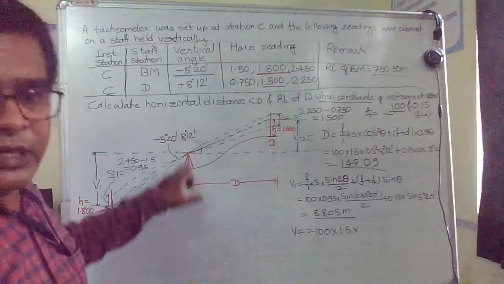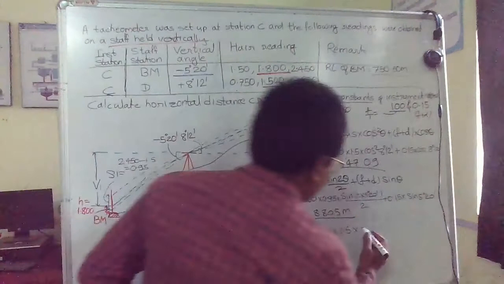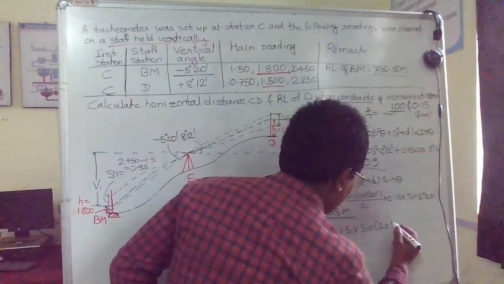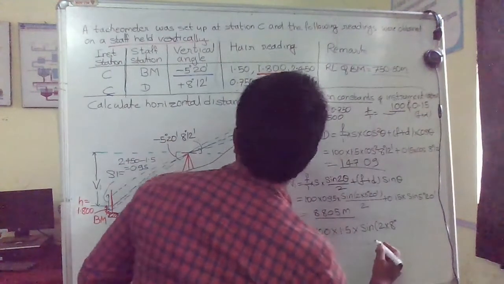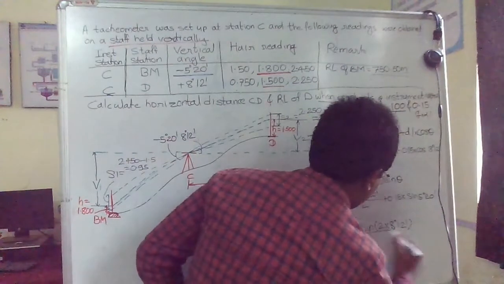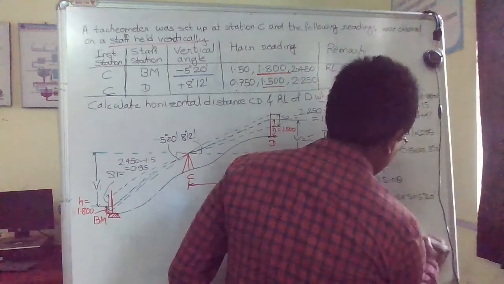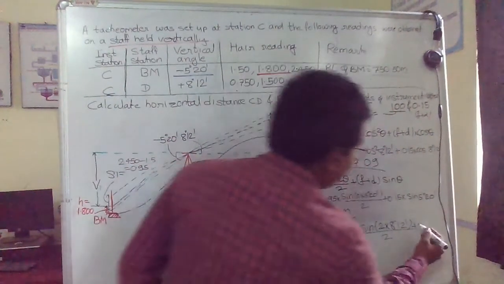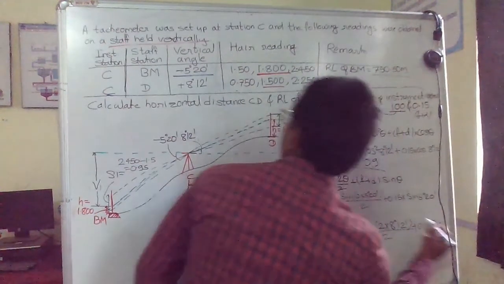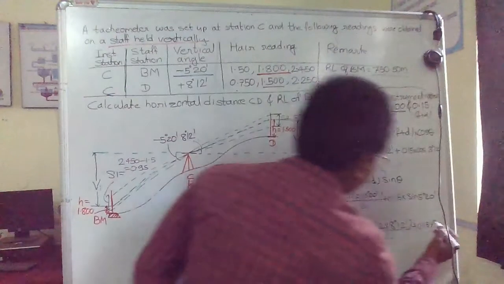Here the angle is 8 degree 12 minutes, so sine of 2 into 8 degree 12 minutes, divided by 2, plus f plus d sine theta, that is 0.15 into sine of 8 degree 12 minutes.